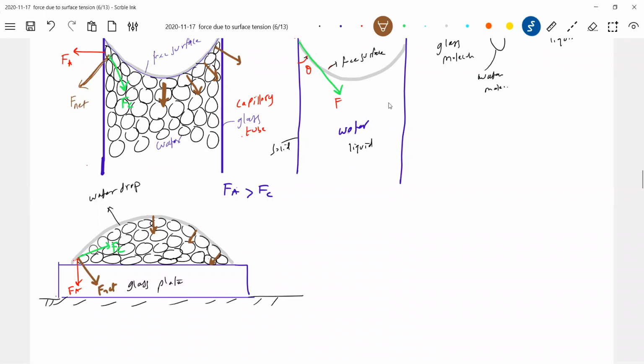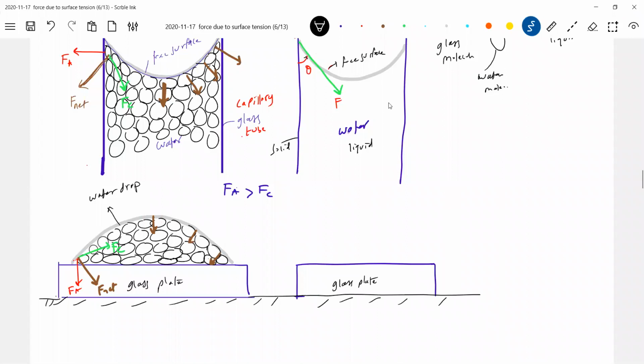So what is the angle of contact here? The angle of contact here will be the angle at the glass plate. So this was the free surface.